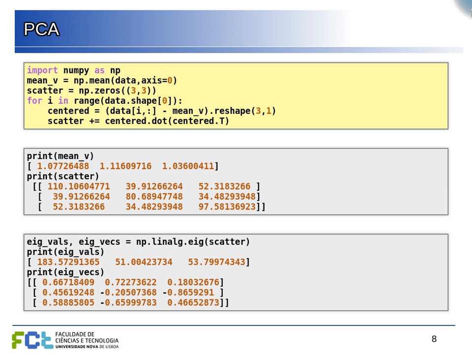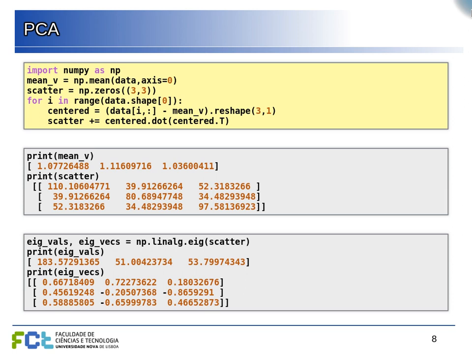And these are the vectors that we obtained, the eigenvectors for this matrix. So we know that we can project everything into one dimension, keeping the most variance possible, if we use this first eigenvector. So this is the direction where the points are most spread out.